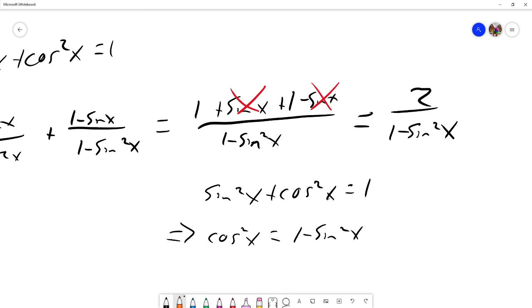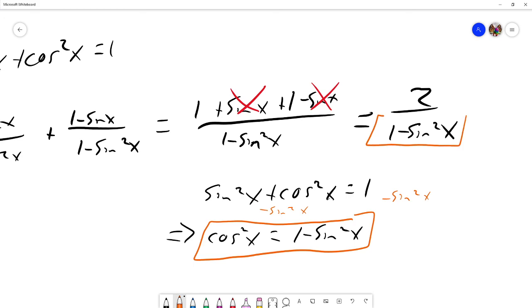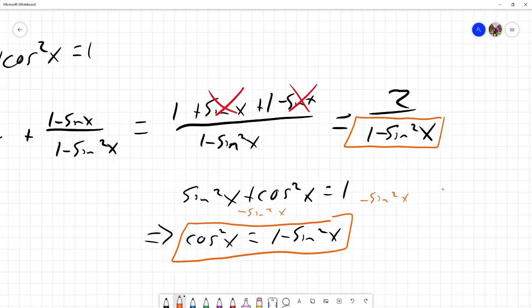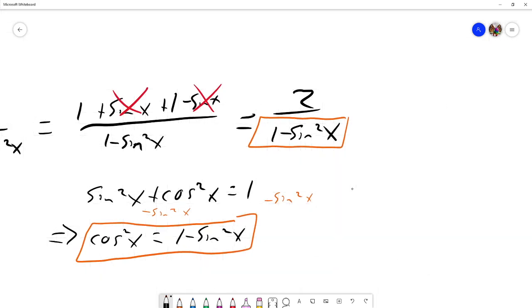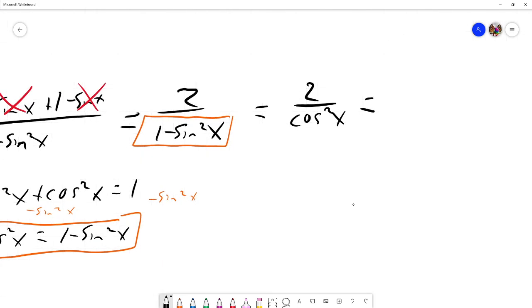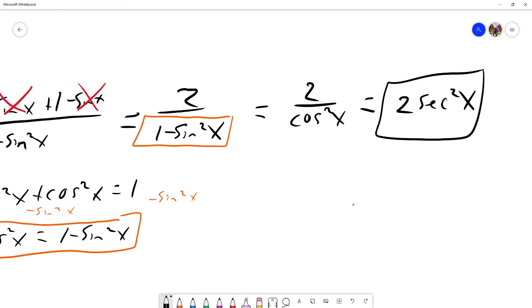If we subtract sine squared x from both sides of this Pythagorean identity, we get this bottom identity, which is the same thing that we have here. So we can rewrite this as 2 divided by cosine squared x, which is the same thing as 2 secant squared x. And there we are.